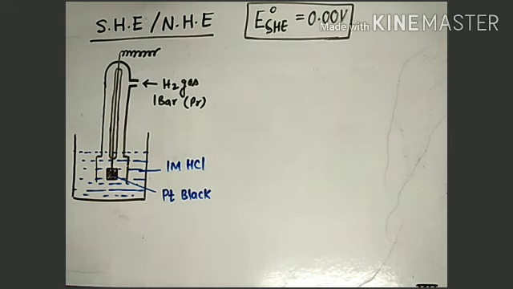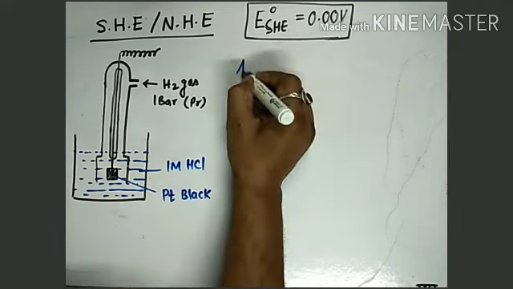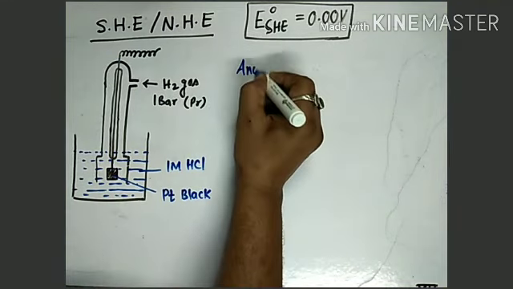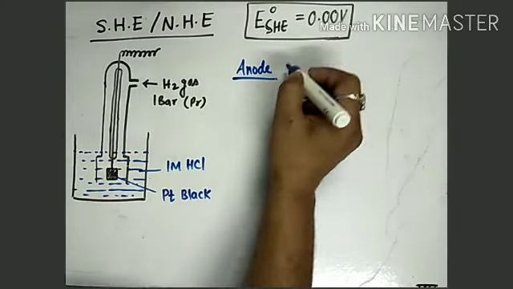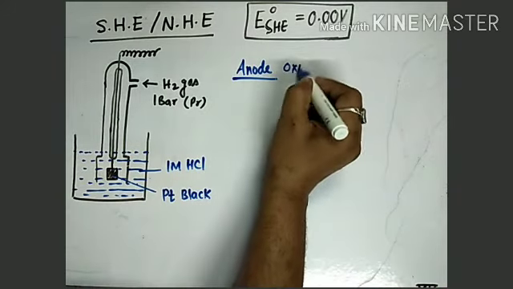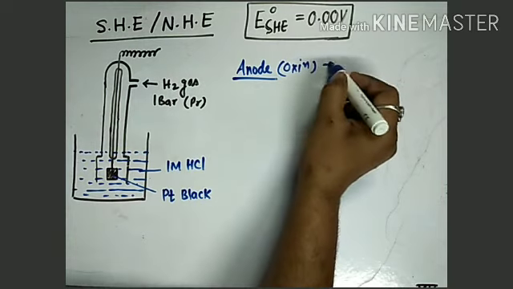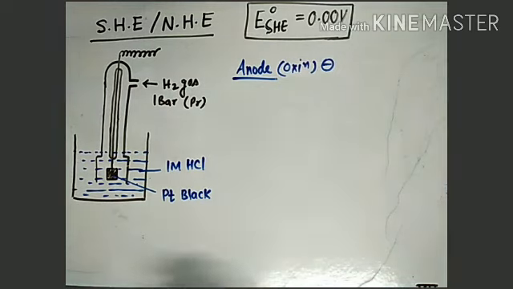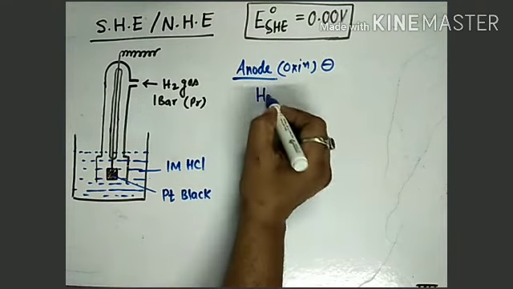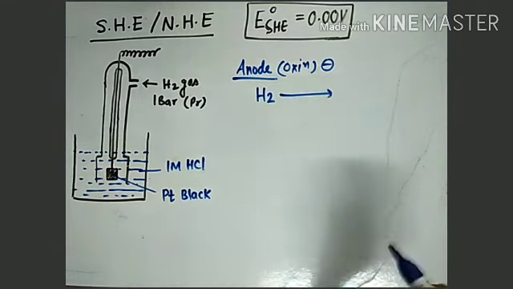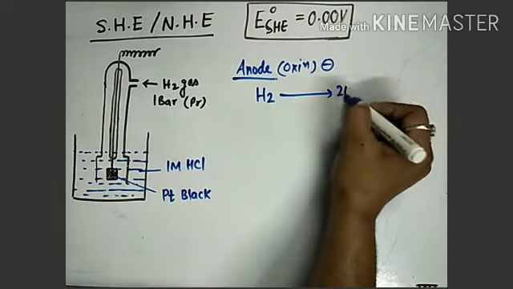As far as the anode is concerned, whenever it works as anode, oxidation reaction is taking place and it is negatively charged. We have hydrogen, and hydrogen turns into 2H plus.